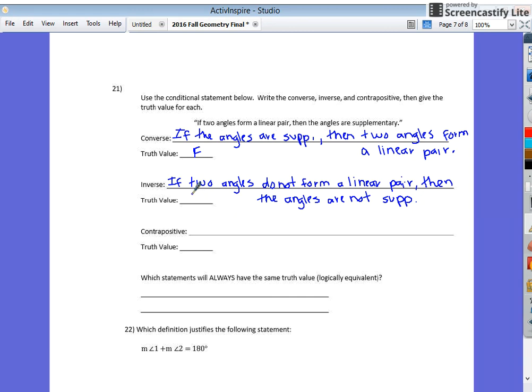That is also a false statement because they don't have to form a linear pair to be supplementary.